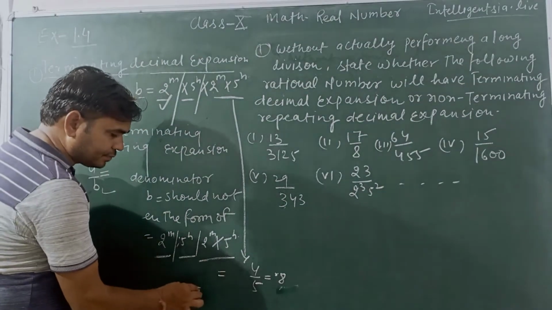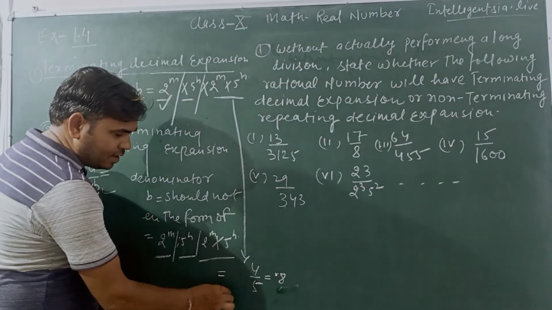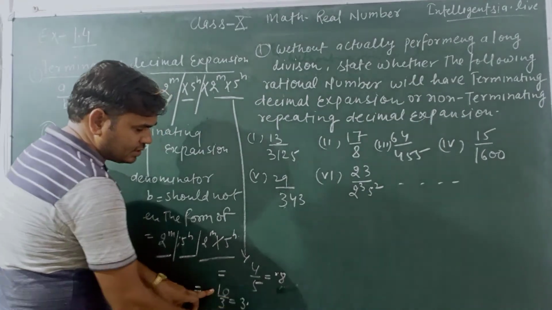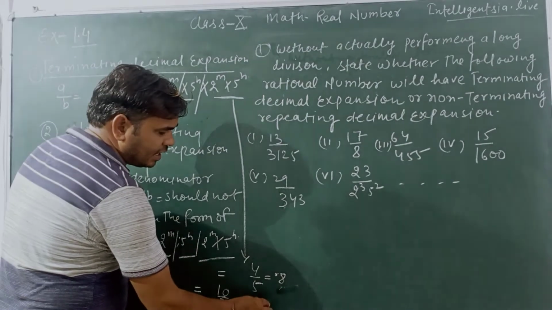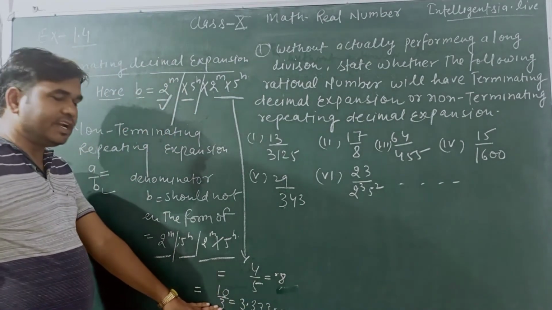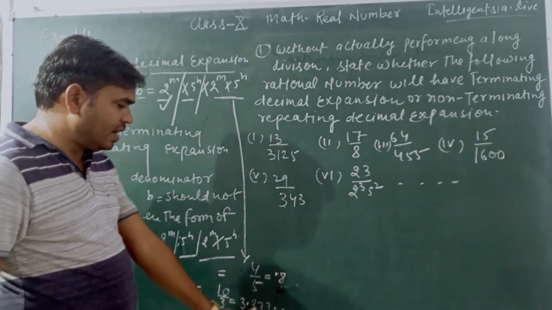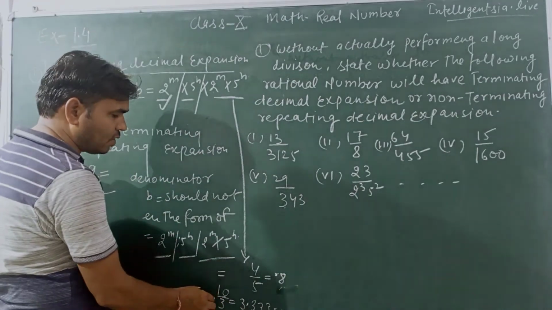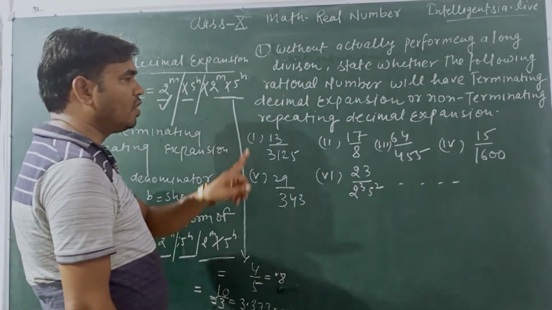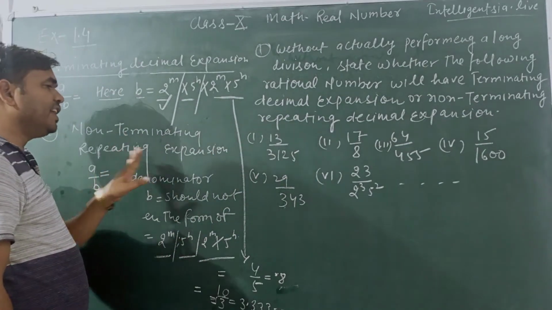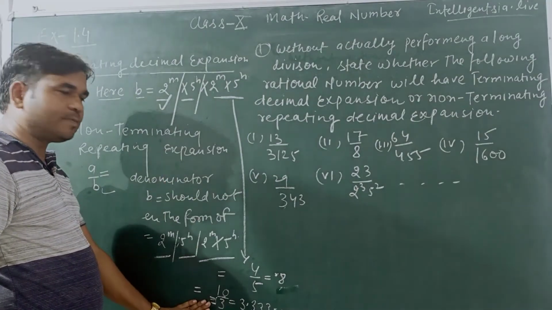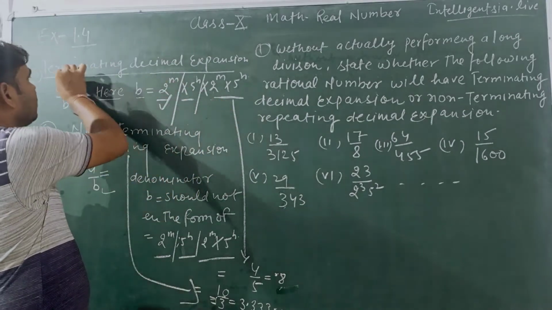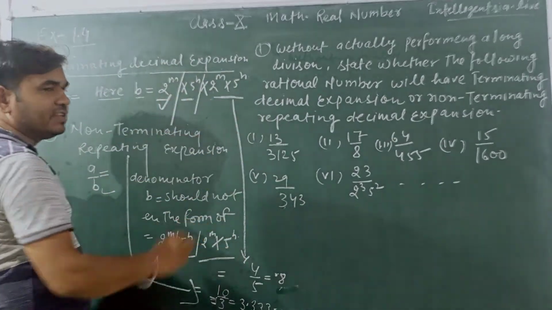And if you see 10 over 3, here you see 3.333, and the decimal expansion does not terminate here. So this is an example of non-terminating repeating expansion, and the first example is of terminating decimal expansion.